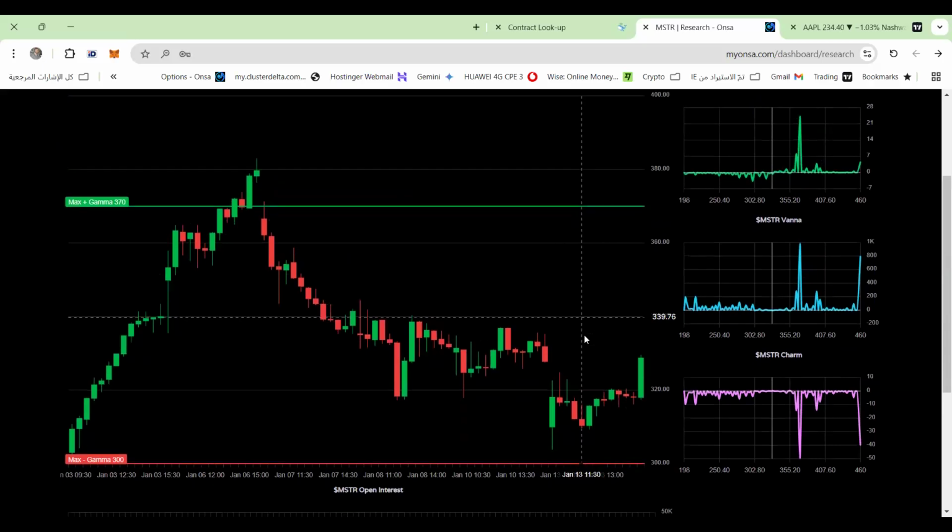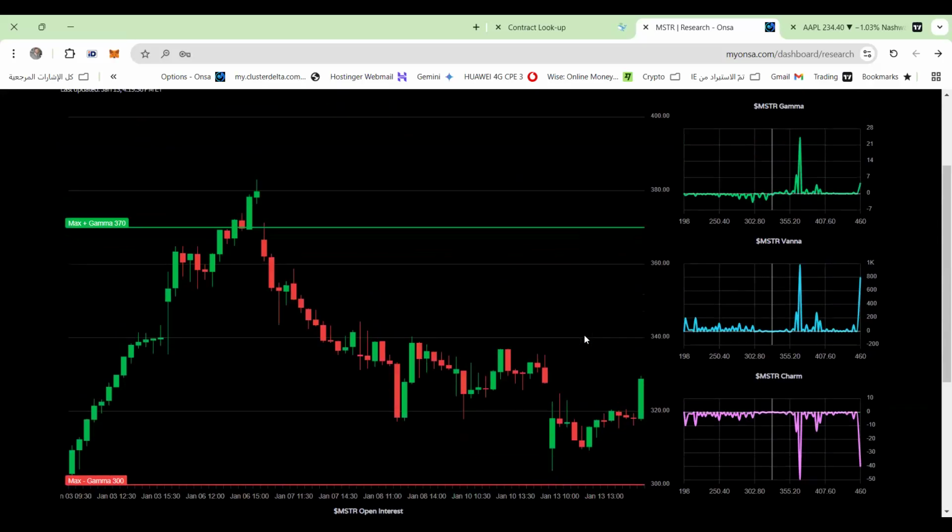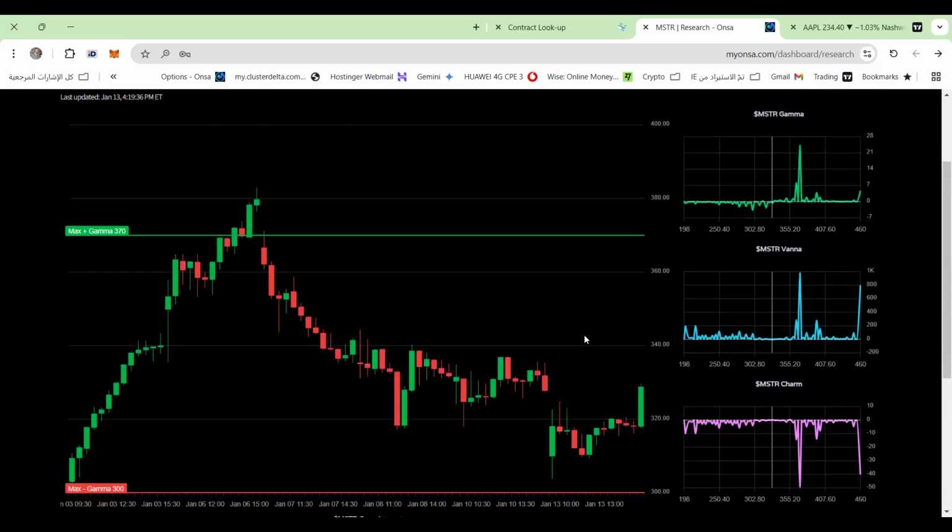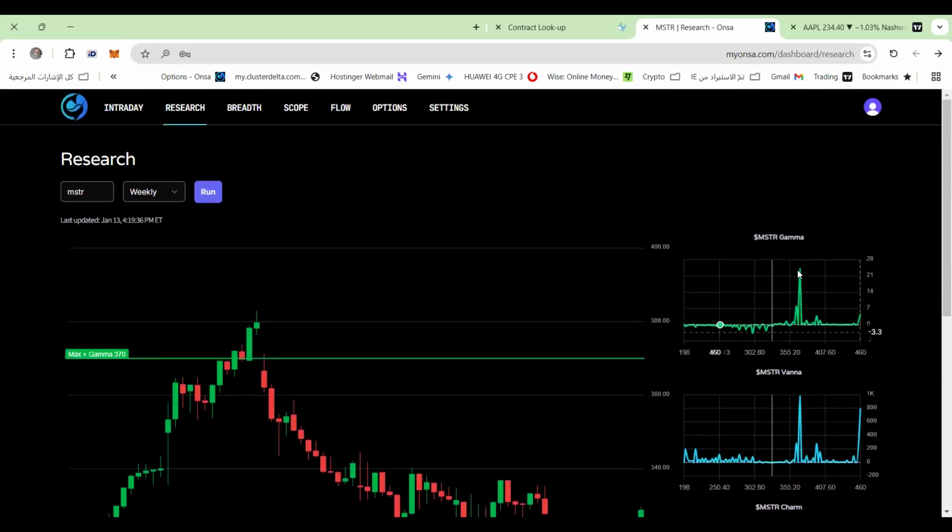Okay, so the next step, which is the most important step, we have to identify whether this contract is, for sure it's a call because it's above the zero. But we need to know, is this contract a buy contract call, so the price will move to this place, or is it a sell?